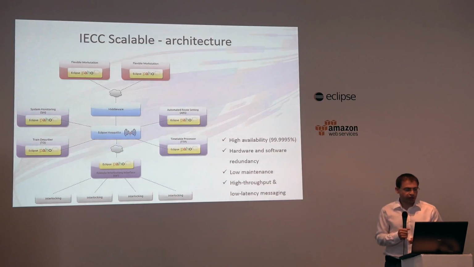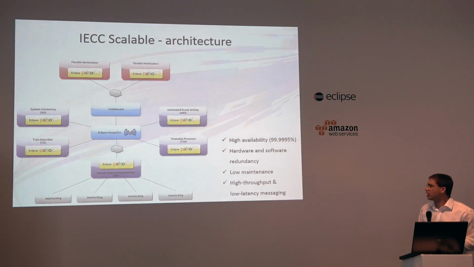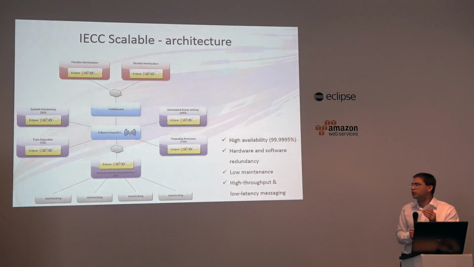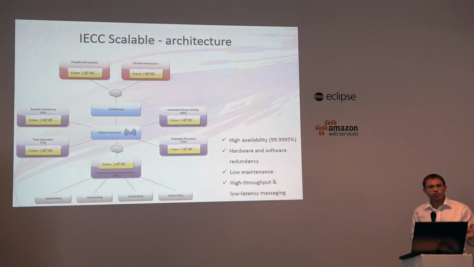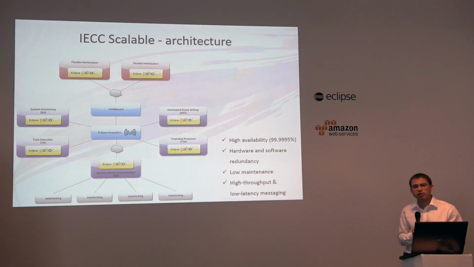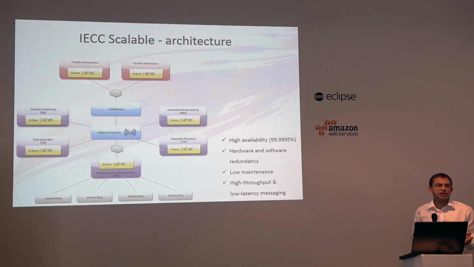And both deliver really high throughput and low latency messaging, which is really important because when things change on the railway, you want to make sure that the signalers and the rest of the system knows about those things as quickly as possible. So you're talking about milliseconds here.